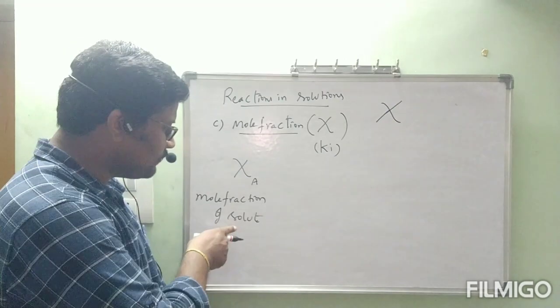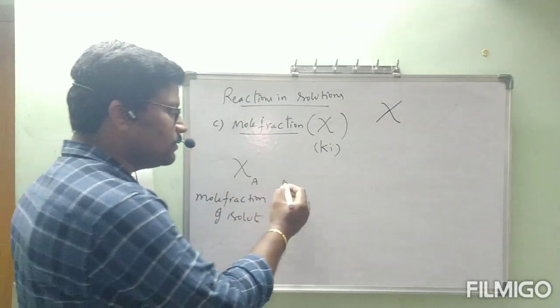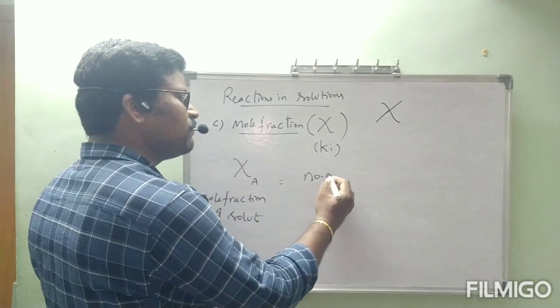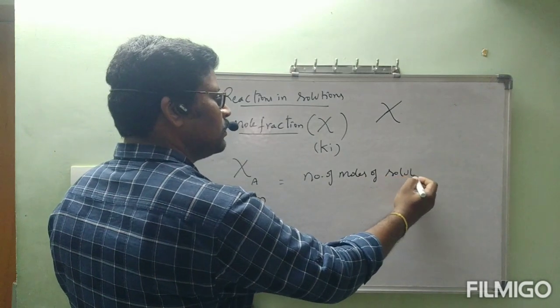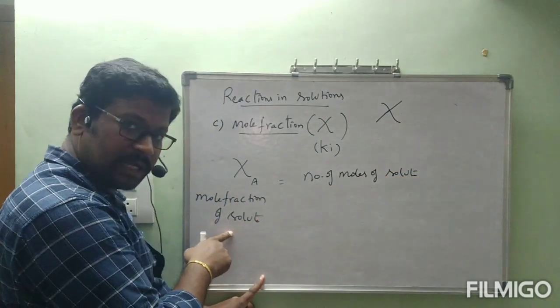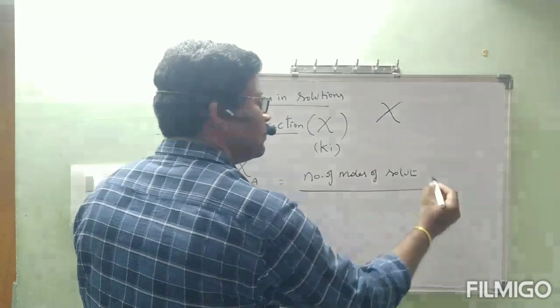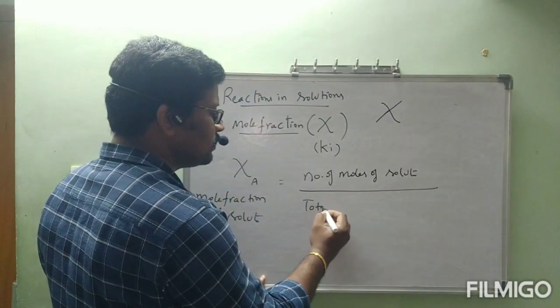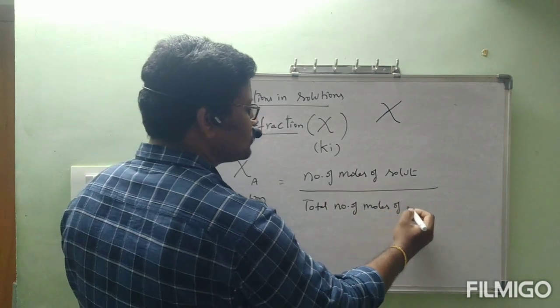Here which component have we taken? Solute. So mole fraction of this solute is equal to number of moles of solute, because whichever component we take, that number of moles goes in the numerator, divided by total number of moles of solution.